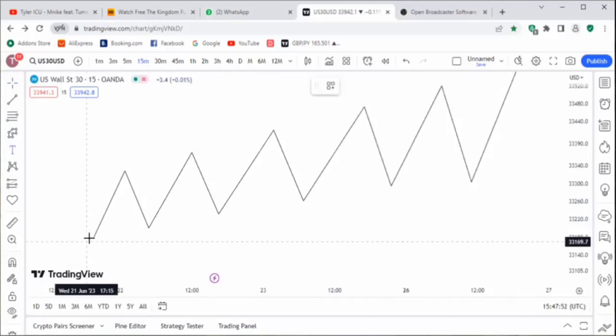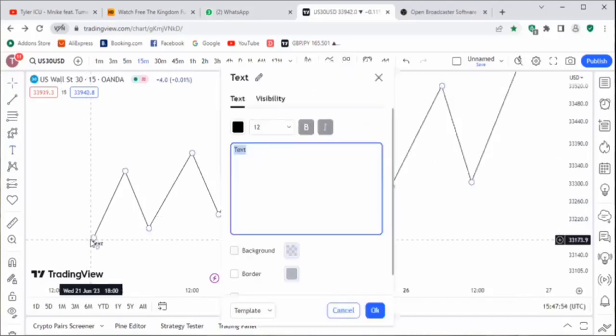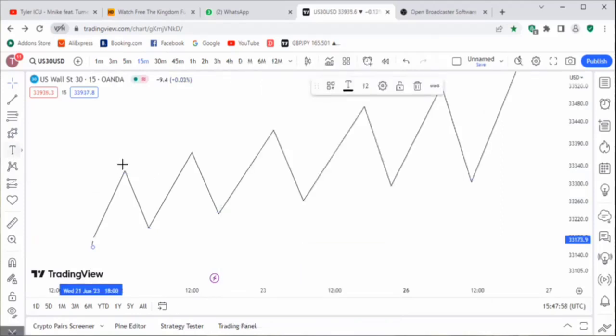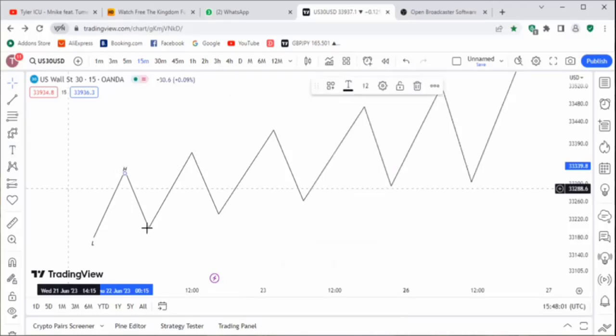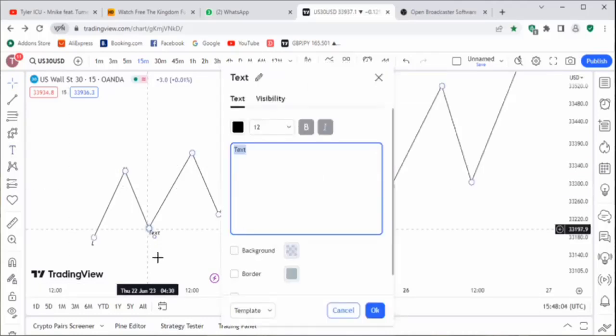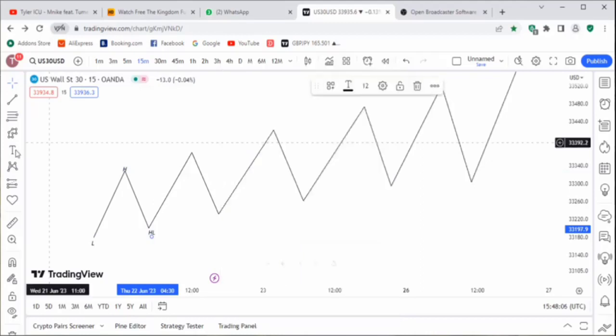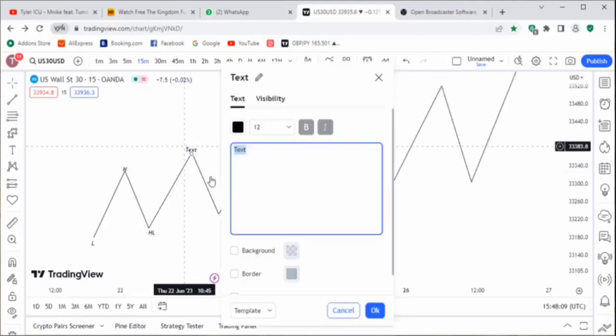First of all, you need to know where your lows and your highs are. This is our low, and this is going to be our high. Then this is going to be our higher low. This is going to be our higher high.